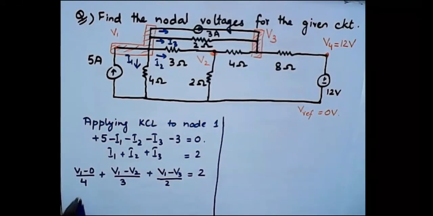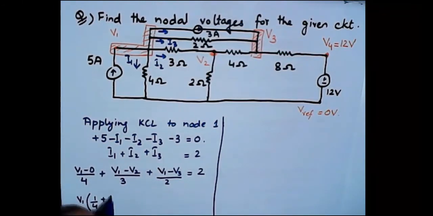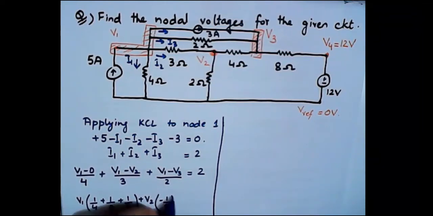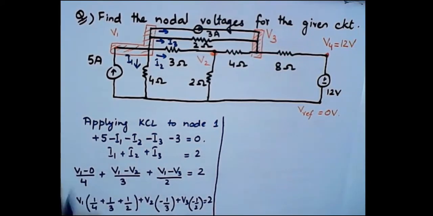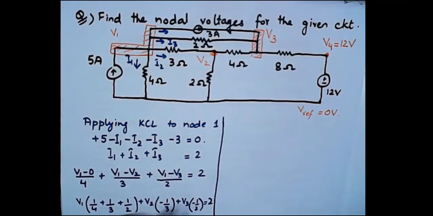If we just arrange it, it will become V1 times 1 upon 4 plus 1 upon 3 plus 1 upon 2, plus V2 times minus 1 upon 3, plus V3 times minus 1 upon 2 is equal to 2. We had 5 terms, right?